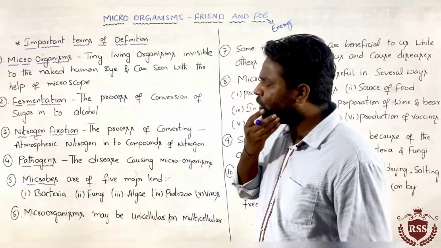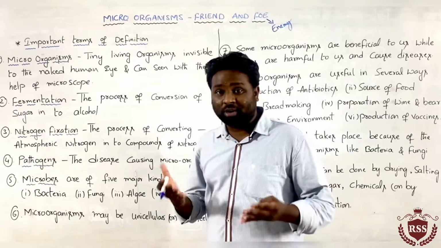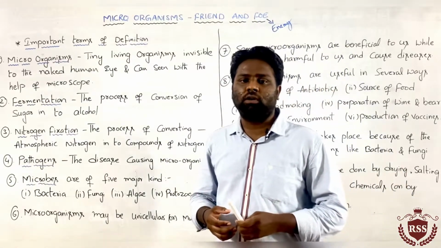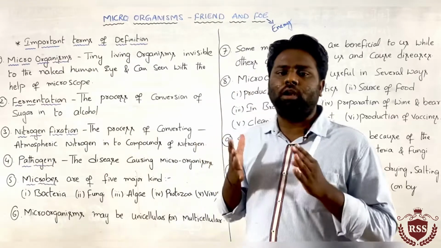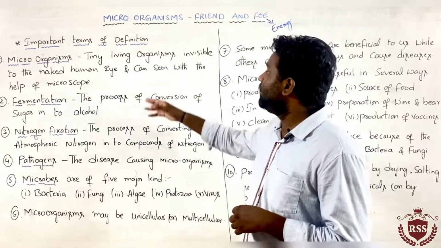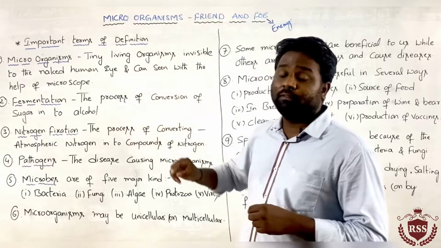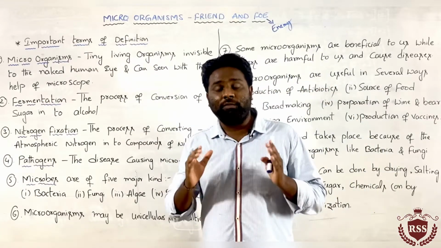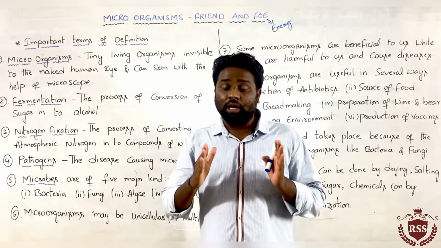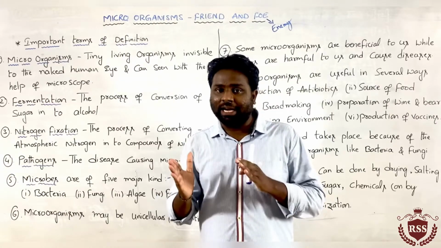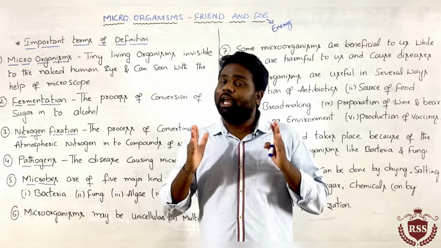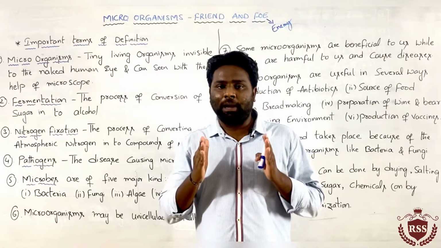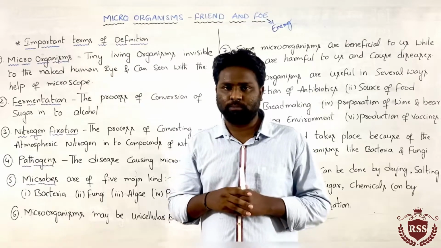The first and foremost is microorganisms. What is meant by microorganisms? Microorganisms are very small living organisms which are invisible to the naked eye, and we are able to see them only with the help of a microscope.